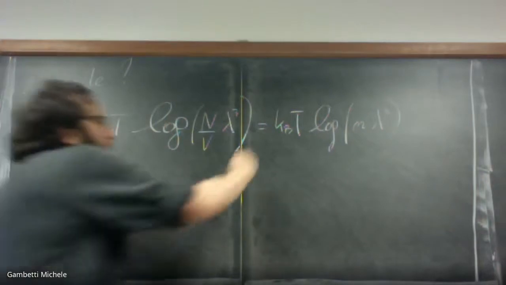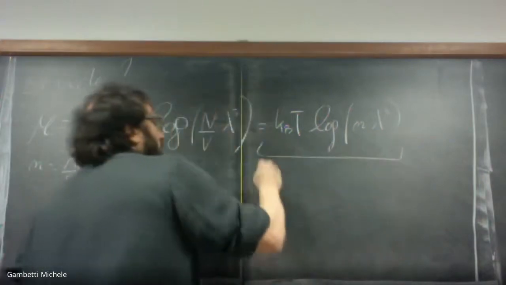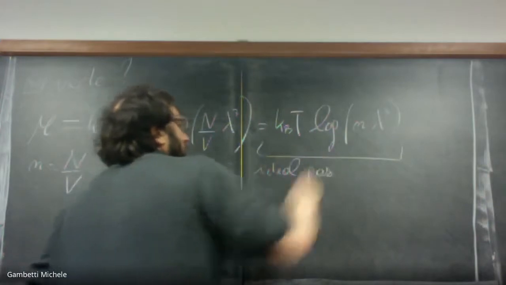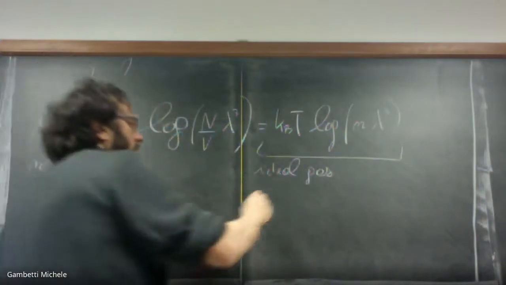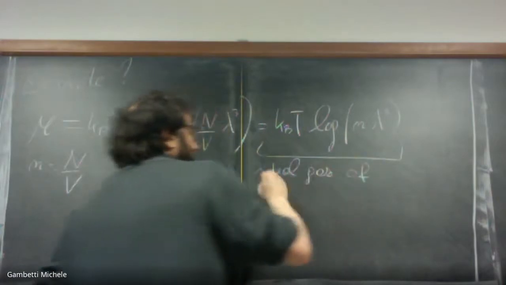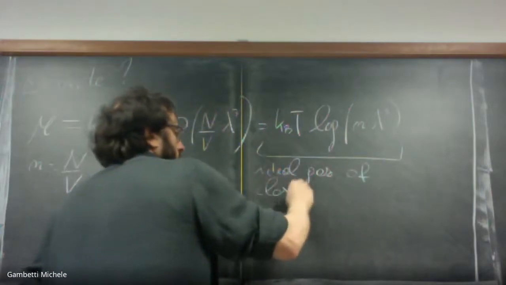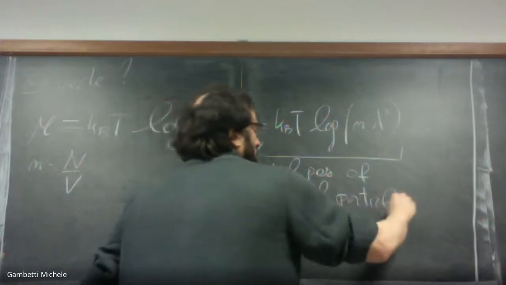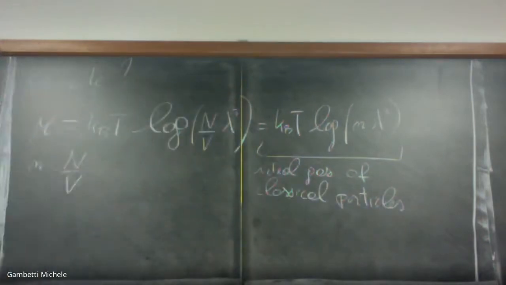Now this equation is valid for an ideal gas, first of all, and this gas must be of classical particles, because this was derived in the context of classical mechanics and within the microcanonical ensemble in particular.